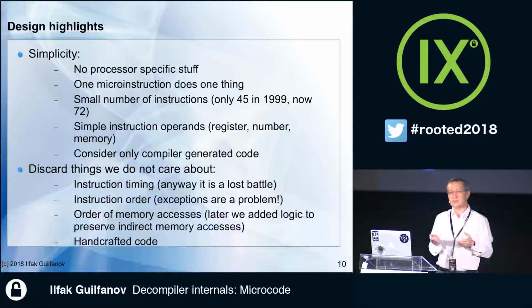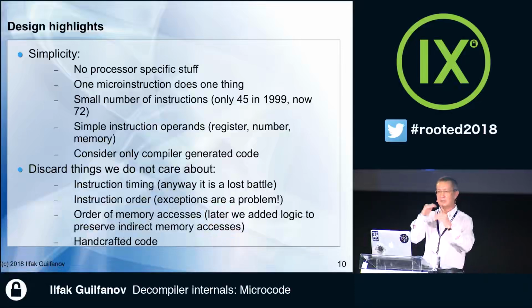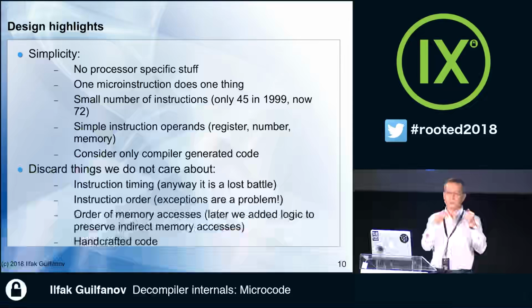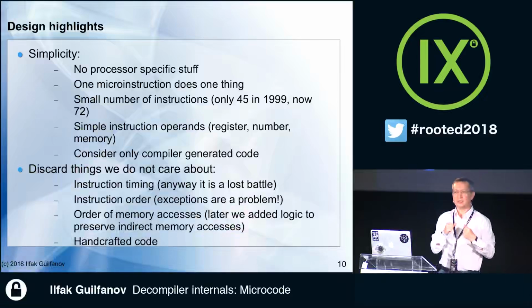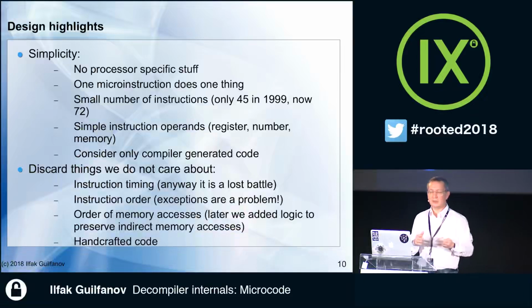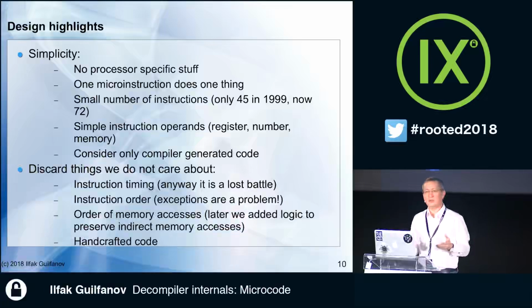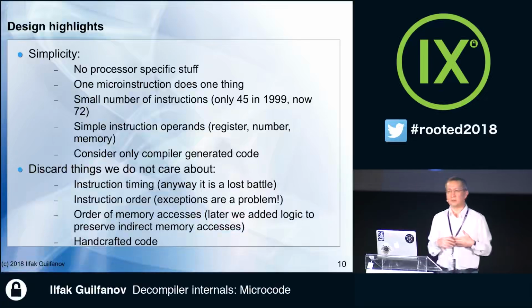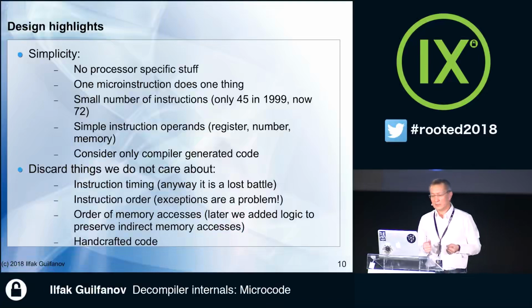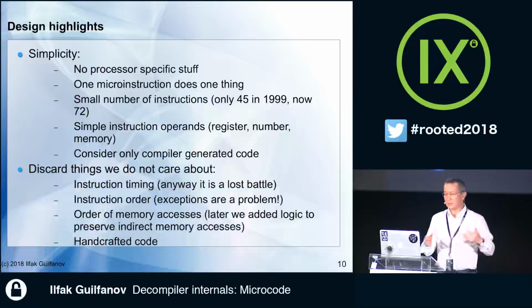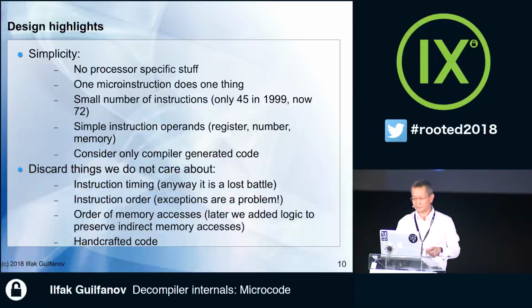It is a problem with exceptions, because if we reordered two instructions, and an exception happens on the instruction that was initially first, then the effects of the second instruction will not be carried out. So exceptions are a big problem for any decompiler, because they just disable all optimizations, and a decompiler without optimizations is not good enough. And the order of memory accesses, as I told, and handcrafted code, no way we can do it.